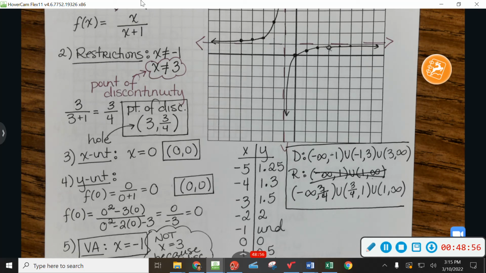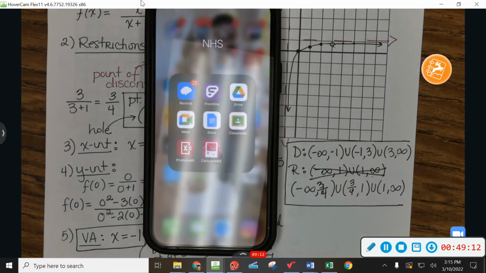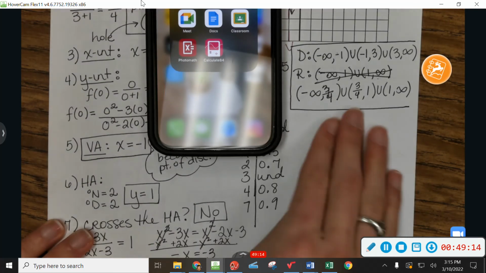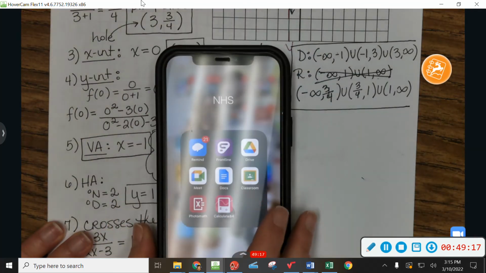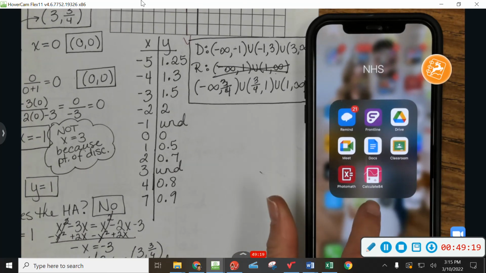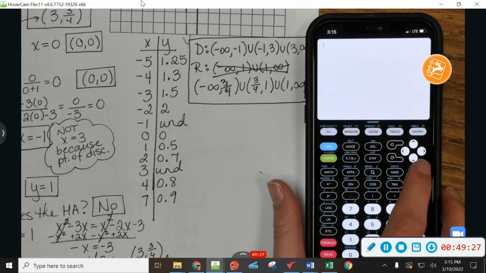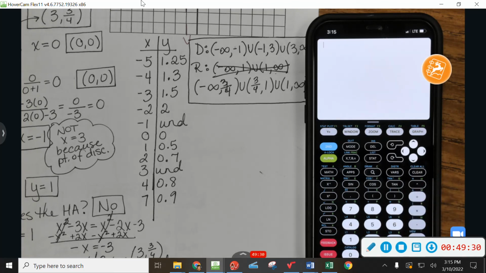Okay, those of you with Android, you can look in your Play Store and you can search for a graphing calculator. There's one very similar. I just don't know what it's called. Okay, but I would write this stuff down and this portion of the notes so that you know how to use this. So Calculate 84 is the name of the app. It's a pink icon. And it's the TI-84. Okay?